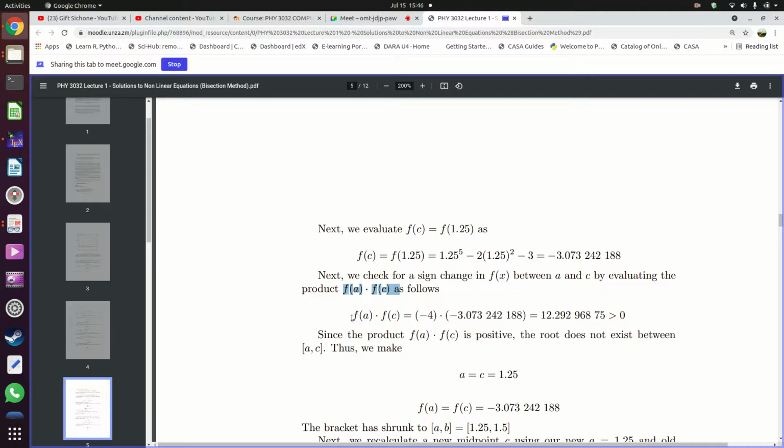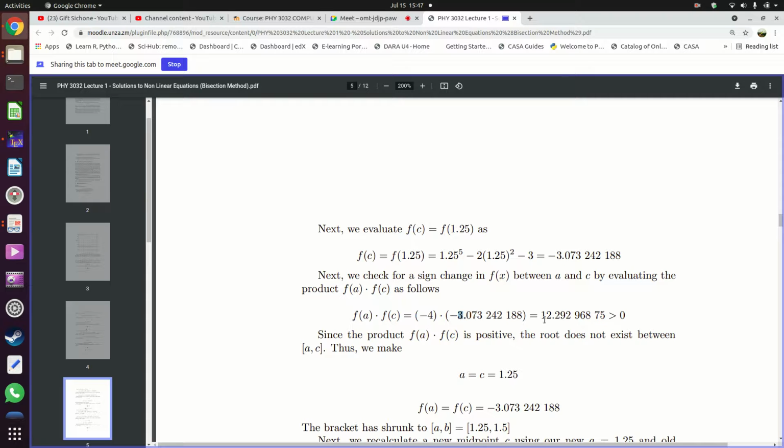Now we know by working out this product, f of A times f of C. In this case, f of A is 1, C is 1.25. So f of 1 is minus 4, and f of 1.25 is what you have just found out here, minus 3.07. This is also a negative value.